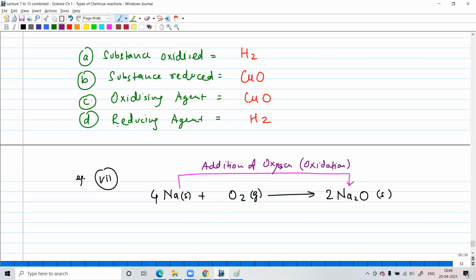Okay, reduction, same logic as the previous one. Oxygen is getting reduced to Na2O. How do you explain it this time?